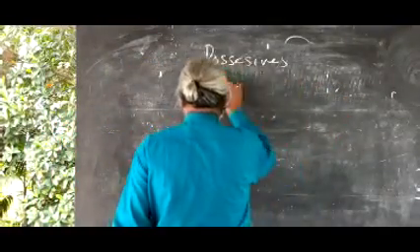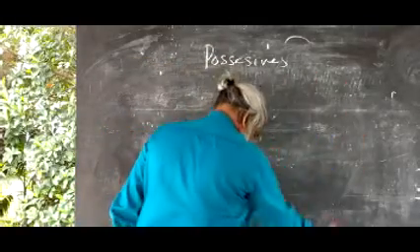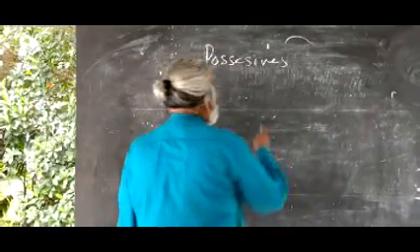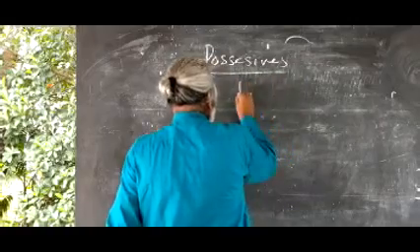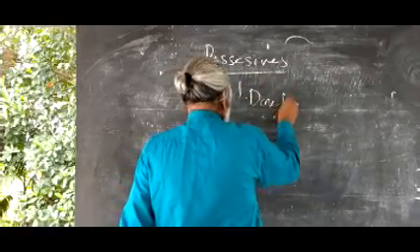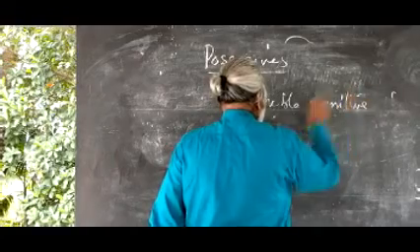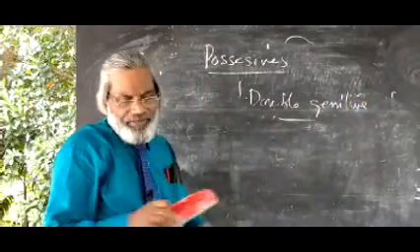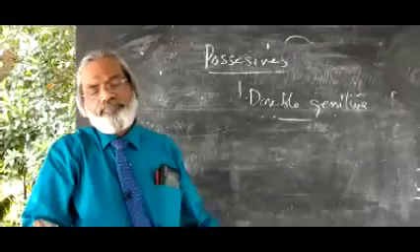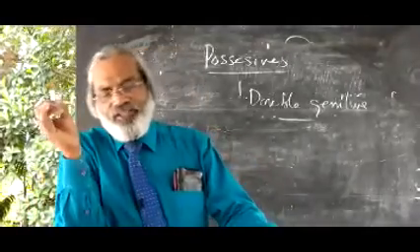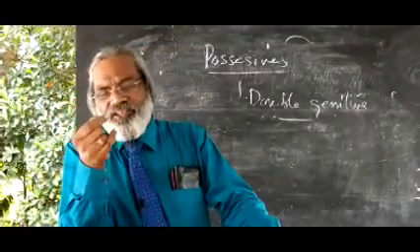Another concept is coming, a new item of information. What is called double genitives? Very important, keep it in mind. They will sometimes ask you to write a short note.